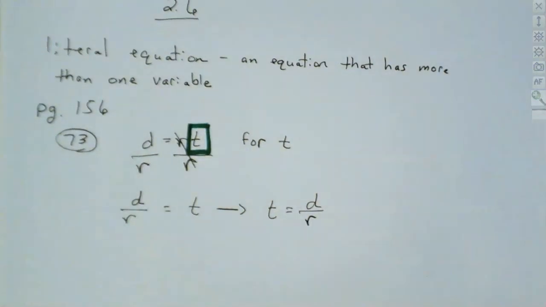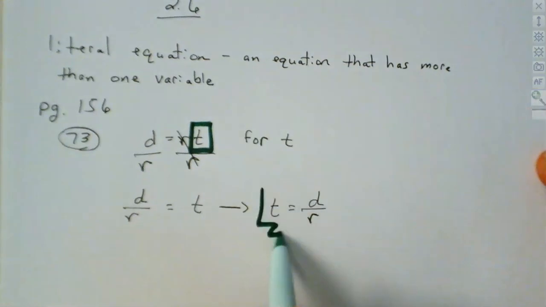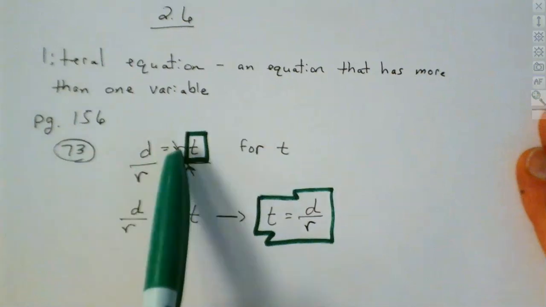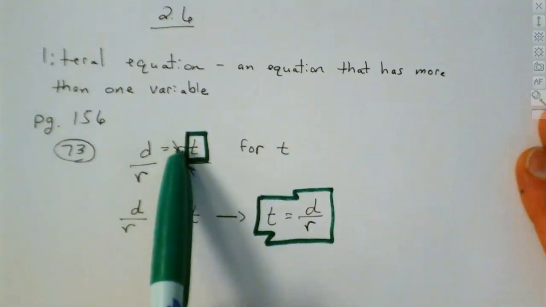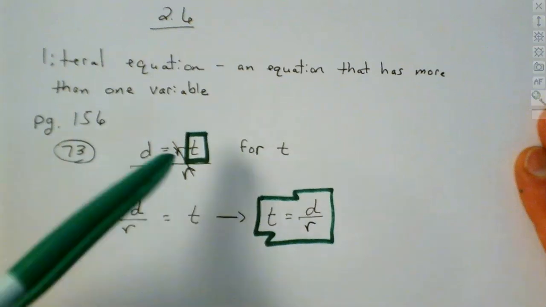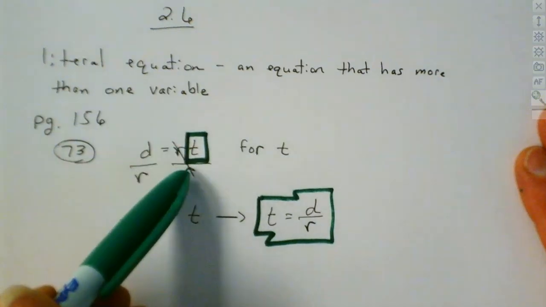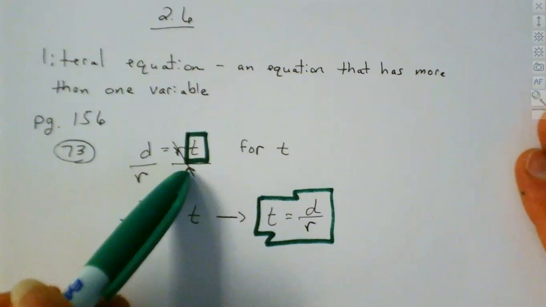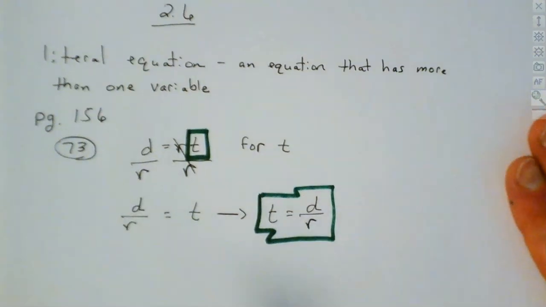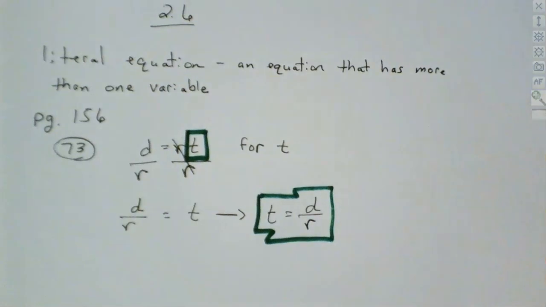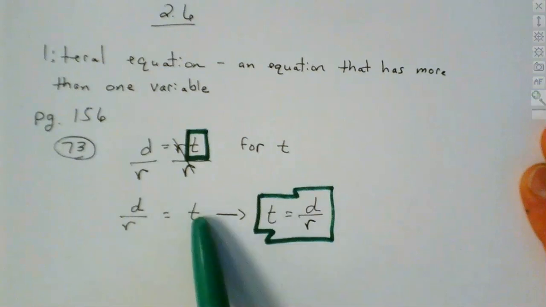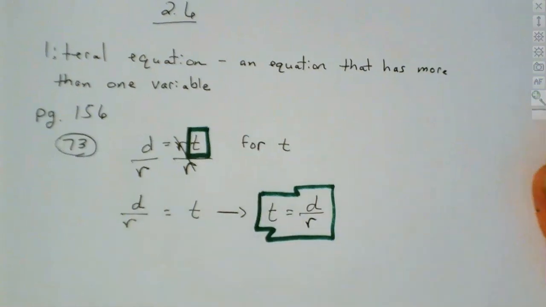All I did was divide. Why did I divide? Because it's r times t. If it's multiplication, the opposite of multiplication would be division. Now, I like to always write my variable on the left, so I just switch them around. So I put my t on the left, d over r on the right.